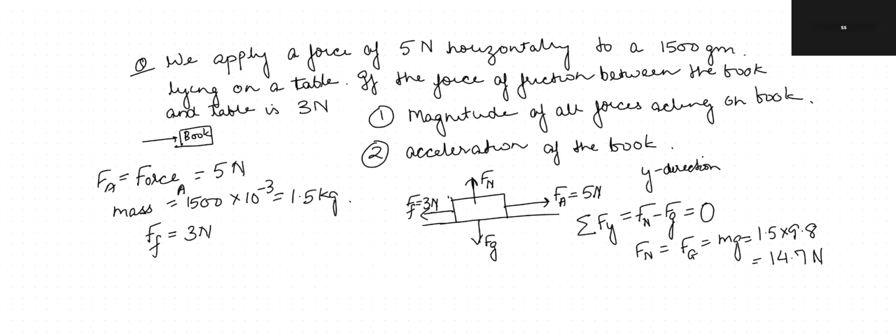Now, so normal force is about 14.7 newtons. Direction is upward, and force of gravity is 14.7 newtons acting downwards.